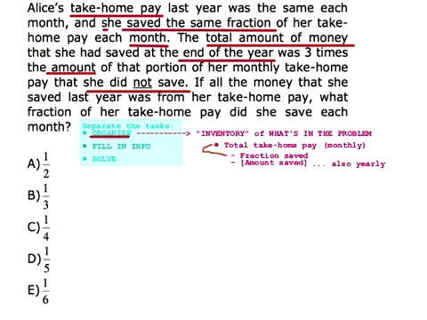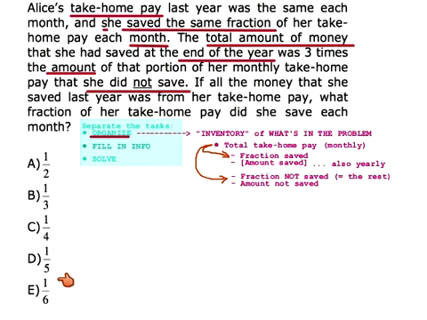We're just dividing up take-home pay into a saved amount and a not saved amount, which is really just the rest of it. So this is the fraction not saved, which is the rest of it, and there's going to be an amount not saved. Then, all the money she saved last year, we already have that, that's not a new thing. And what fraction of her take-home pay did she save? That's not a new thing either. So all of this stuff is here.